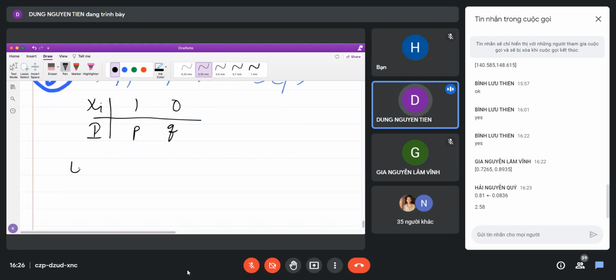Then the mean of x is p, and you can approximate this by p hat.